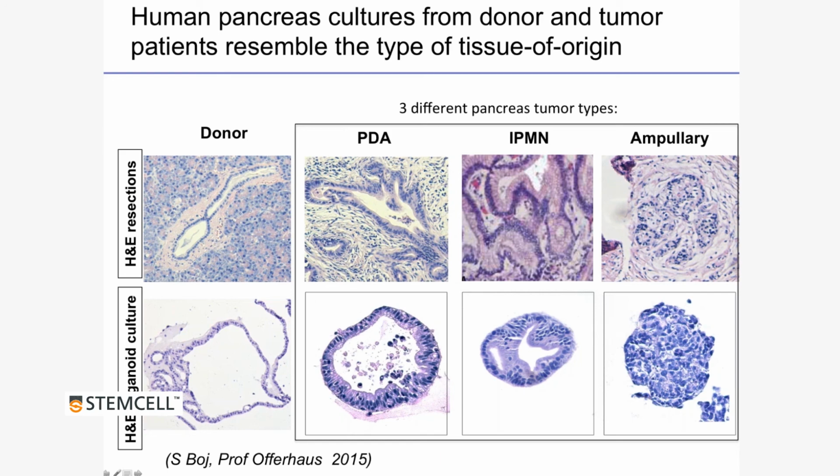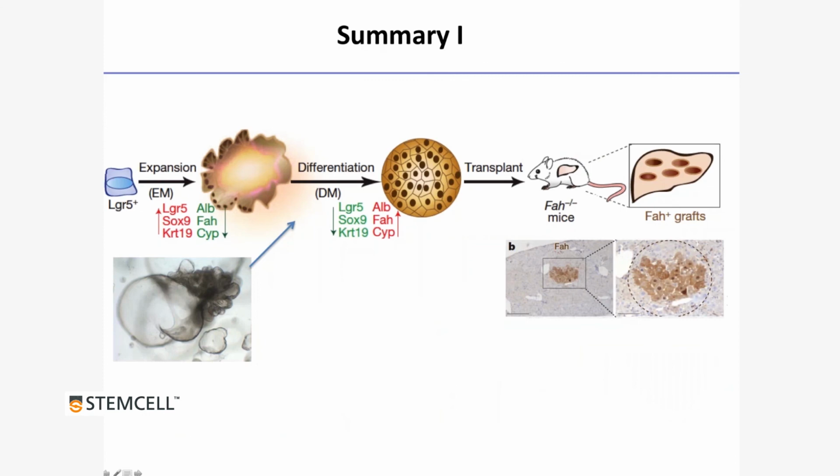So with that, I arrive at the summary of my talk, and I just want to remind you that either starting from a damaged liver, a normal mouse liver, a normal human liver, or a mouse pancreas, we can obtain organoids if we isolate this ductal population, and these are mainly ductal-like cells which express stem cell markers.